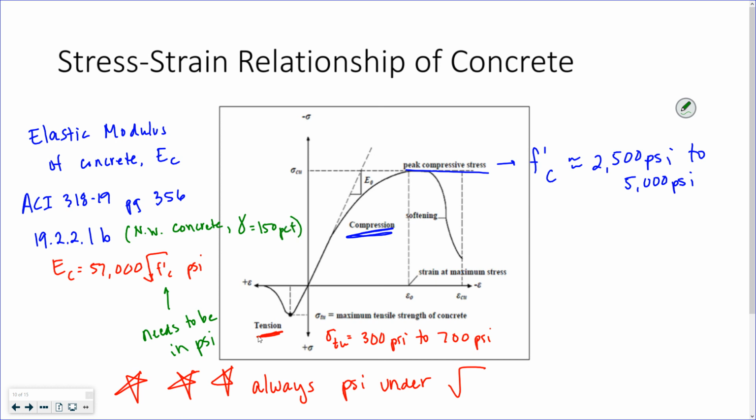There's lightweight concrete and there's normal weight concrete. Actually, it might be 145 psf and then 150 if you include the reinforcement. Anyway, I don't know.